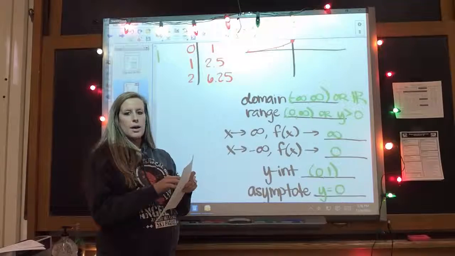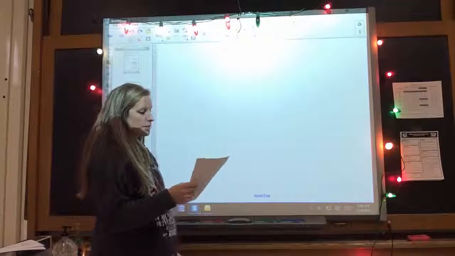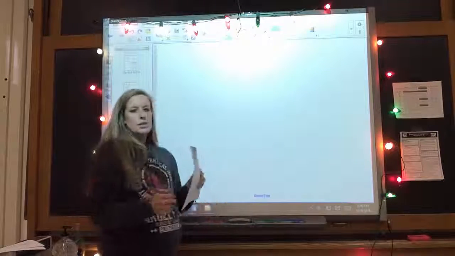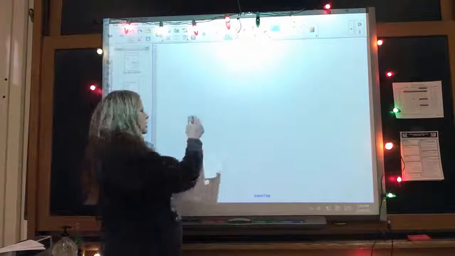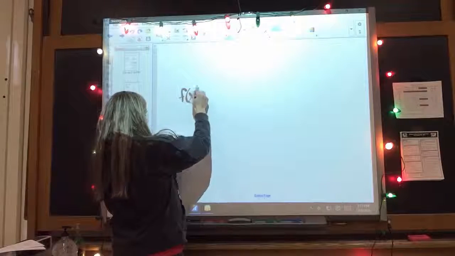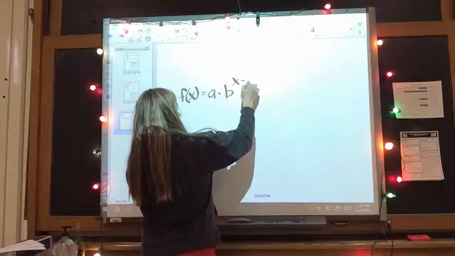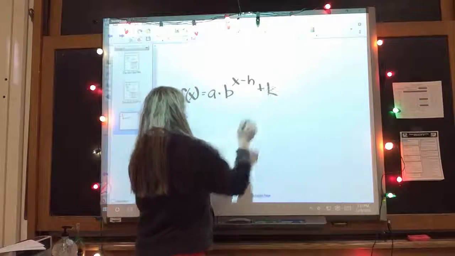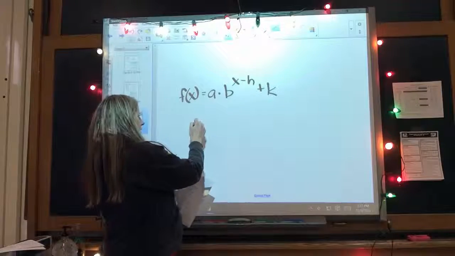So let's look at the top part where it has the notes. It's talking about transformations, and this is what we've done before. Okay, it has an equation on the left side, f of x equals a times b to the x minus h plus k.